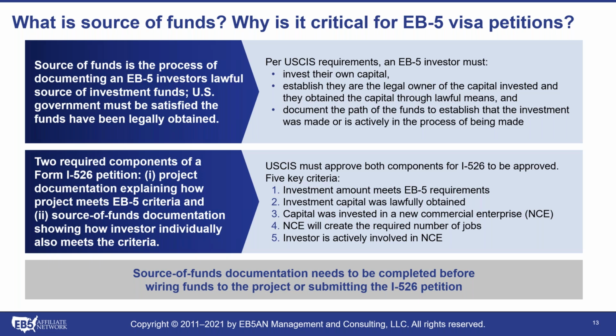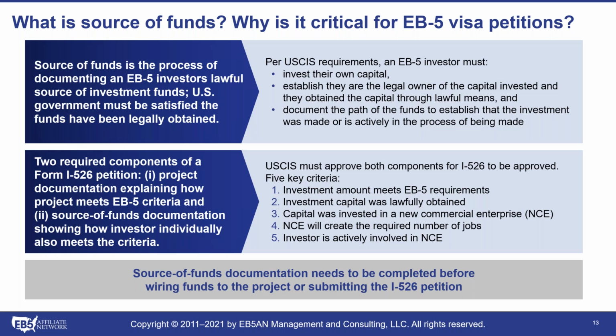What this means is that as part of the EB-5 investment, you have to prove to USCIS where all of the funds have come from, that you have them legally, how they're going into the project, and how they're legally transferred into the limited partnership or LLC that you are investing in.